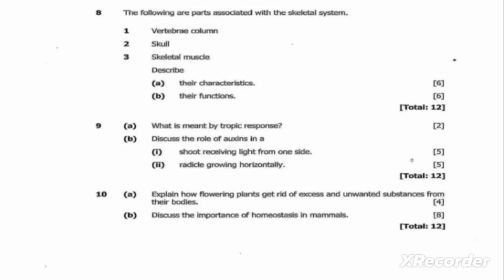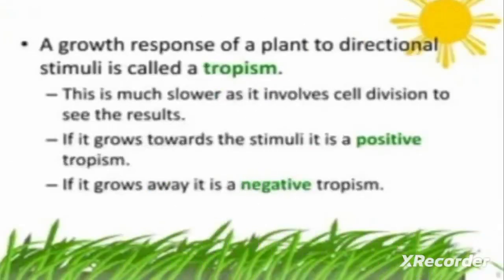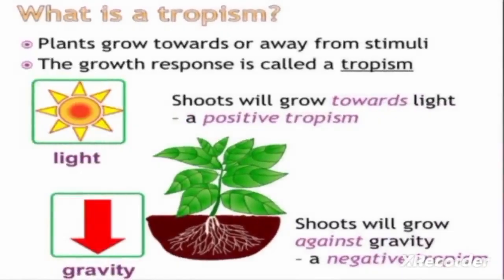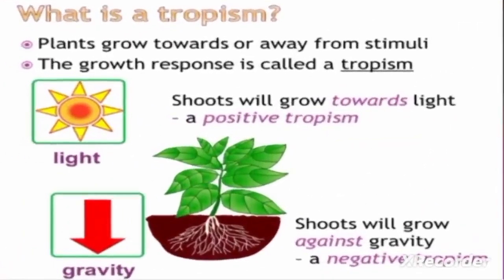Tropic response is the type of response offered by plants. Part of the plant responds to a stimulus, and this response may be positive or negative. The response towards the stimulus is called positive response. The response away from the stimulus is called negative response.